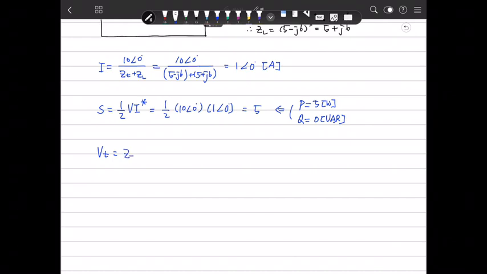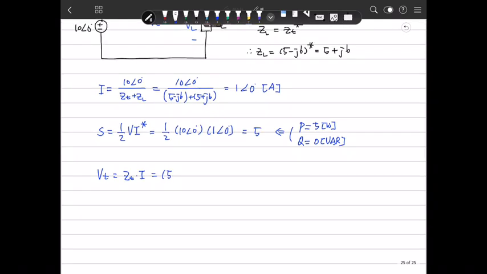VT is ZT times the current. ZT is 5 minus j6 and the current is 1 at 0 degrees.